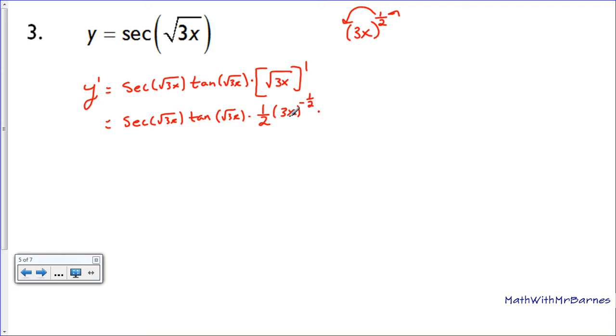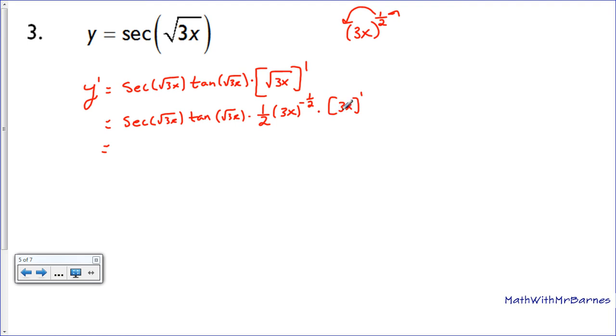Since there's something inside, I have to take the derivative of that, and just for the sake of completeness, I'm going to write that derivative. That's what my students do: individual steps, breaking it down step by step, with almost one piece done in each step. You could have done that just then because the derivative of 3x is 3, but just for the sake of learning for the first time.